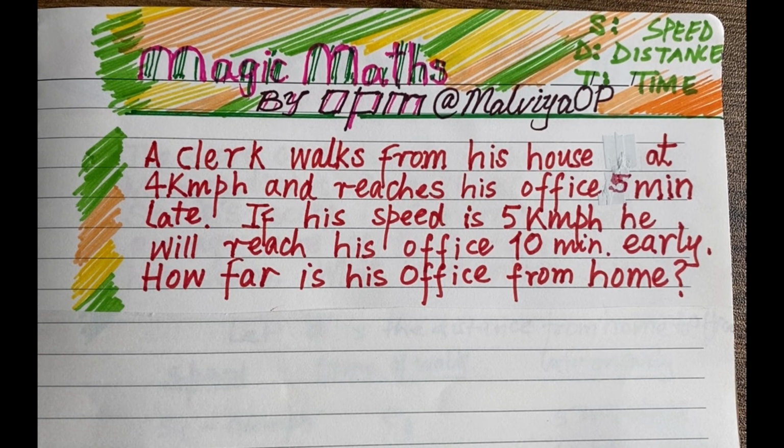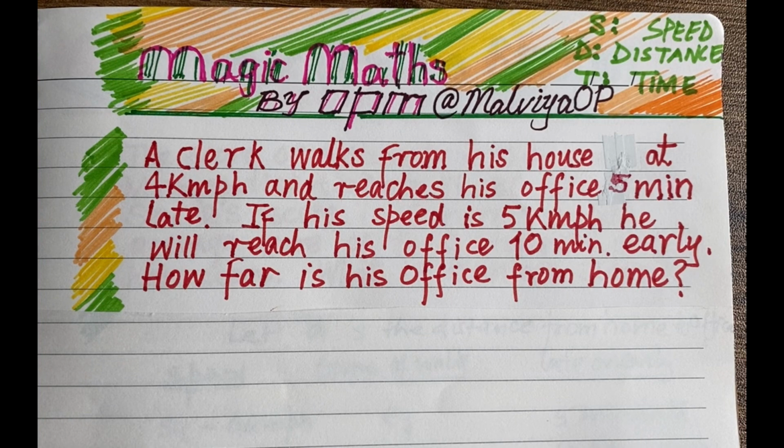The problem states: a clerk walks from his house at 4 km per hour and reaches his office 5 minutes late. If his speed is 5 km per hour, he will reach his office 10 minutes early.